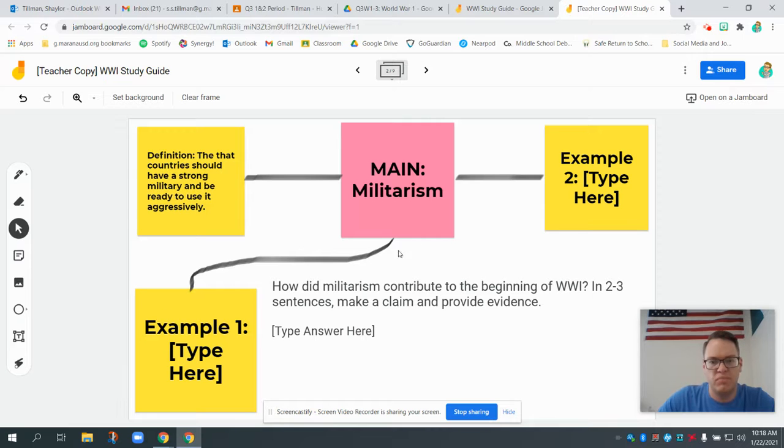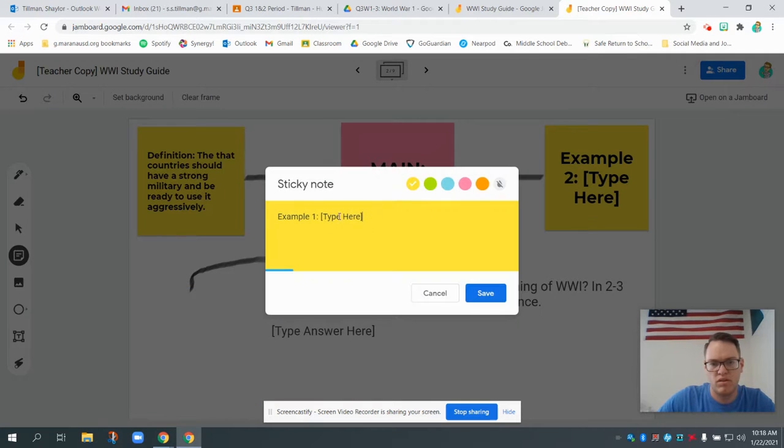Now the two examples, and we've talked about a lot of different examples of militarism in class. We may not have used militarism as the phrase, but thinking about the definition, you may have already thought of a couple examples. The first example that I want to give here that we've talked about in class, and you can think about this in the sinking of the Lusitania, we had a British ship carrying American goods against a German ship.